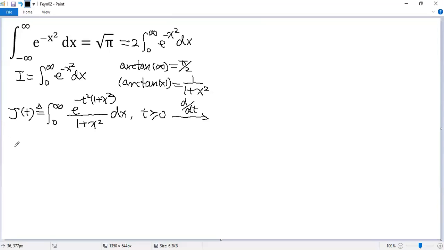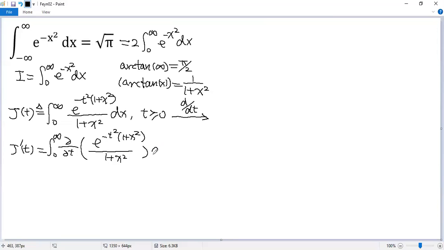So the left side is just J prime of t, and the right side equals the integral from 0 to infinity of the partial derivative of e to the power of negative t squared times 1 plus x squared over 1 plus x squared, dx. Be careful. At that moment, t is the only variable for the differentiation.